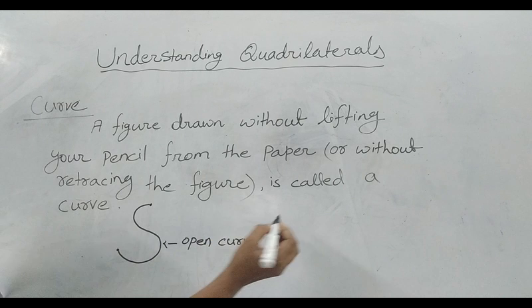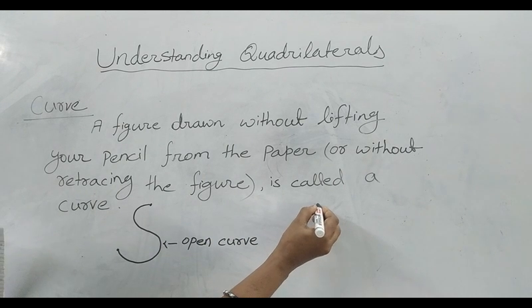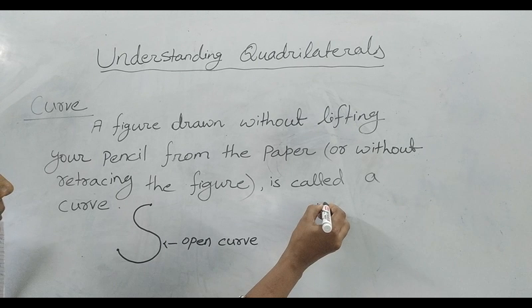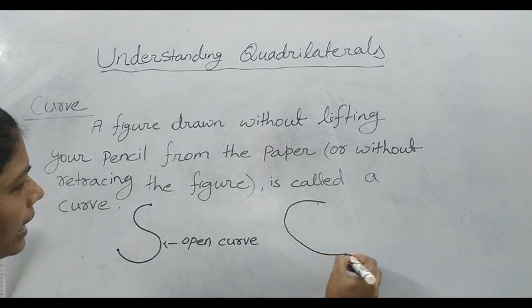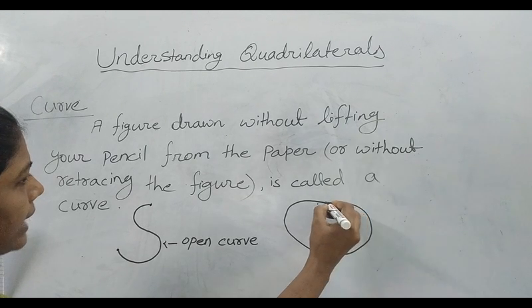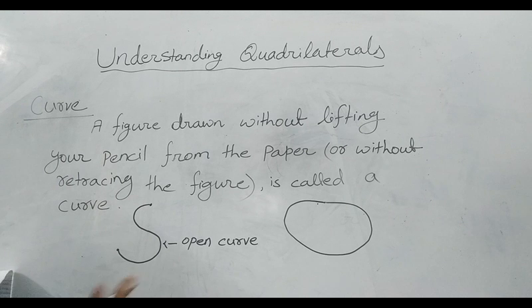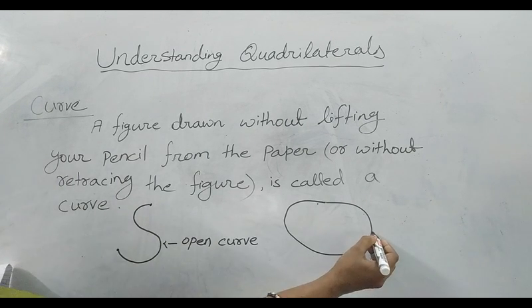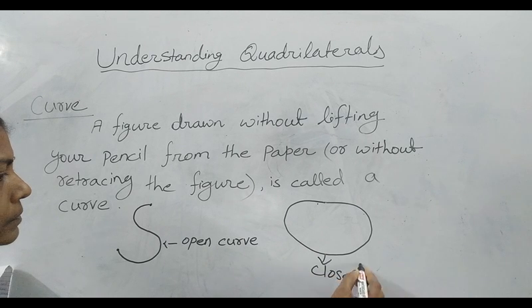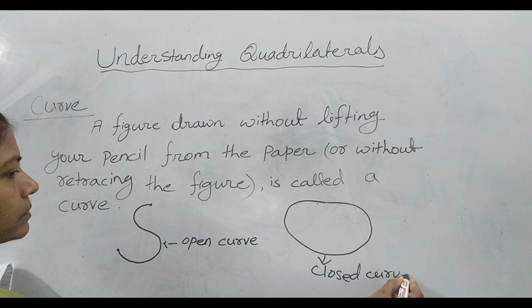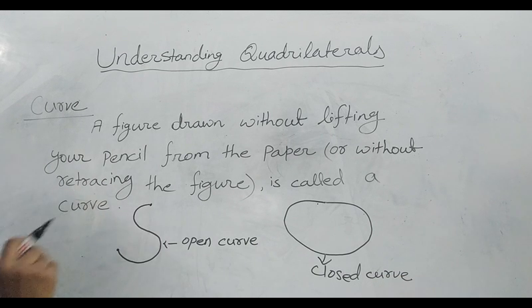And suppose that when you start drawing a figure from some point and it finishes at the same point, then this figure is said to be a closed curve. So we can categorize the curve into two types, open curve and closed curve.